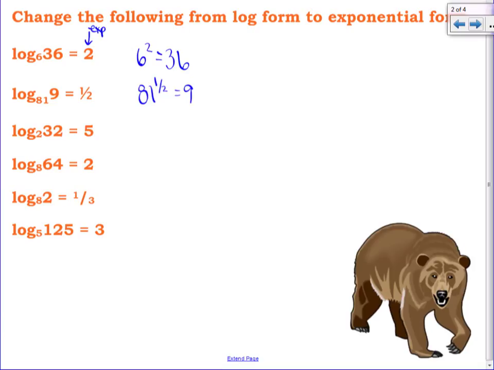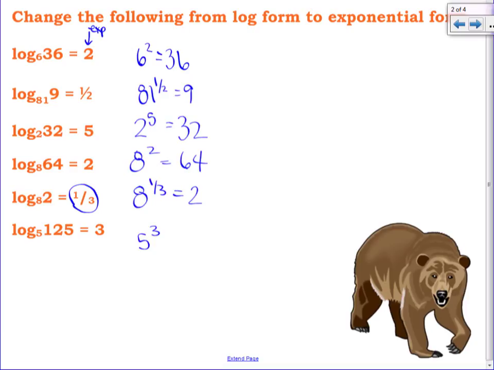Hopefully you're able to fly through this. The biggest thing to remember is this is your exponent right here. That 8 to the 1/3 is 2. 5 to the 3rd, 125.